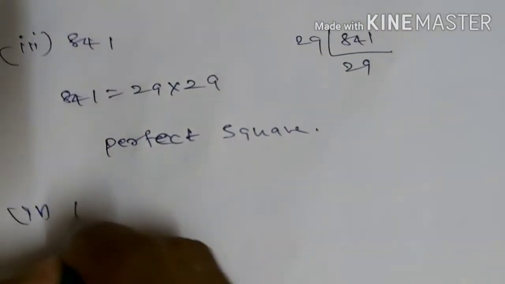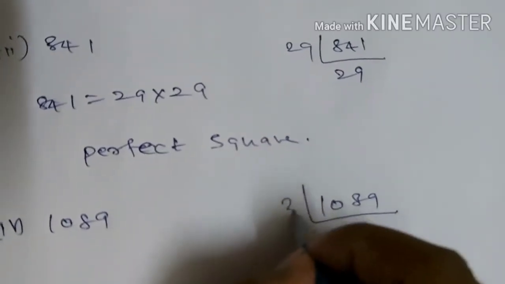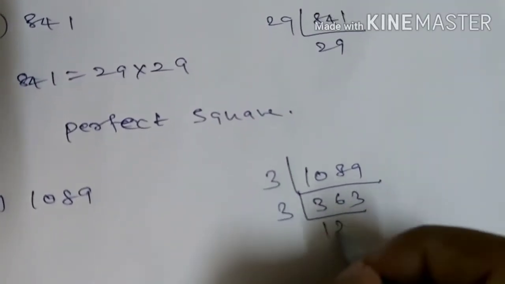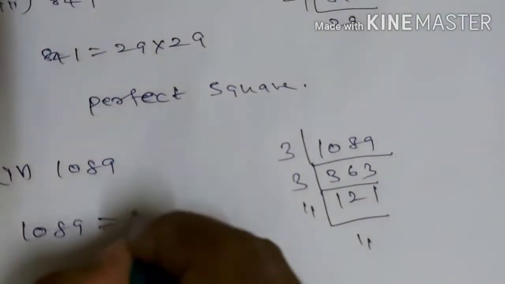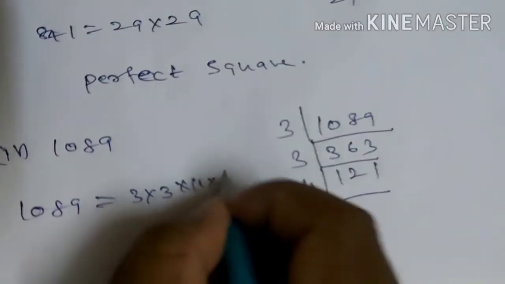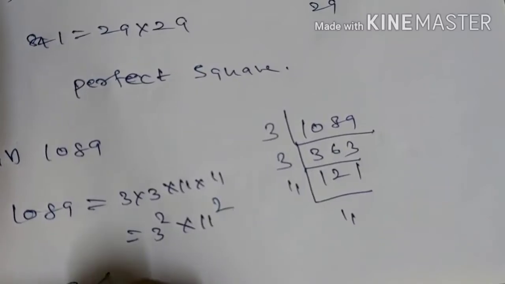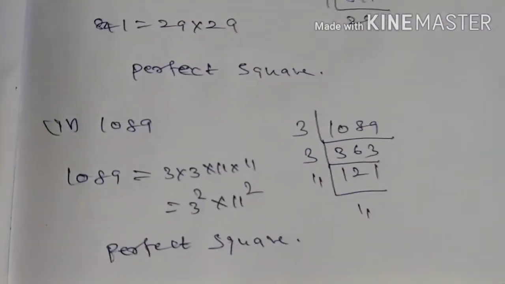Fourth one, 1089. This one also uses the same prime factorization method: 363, again 121. 121 is 11 elevens. So 1089 equals 3 multiplied by 3 multiplied by 11 multiplied by 11, pairs: 3 square and 11 square. So this is a perfect square.